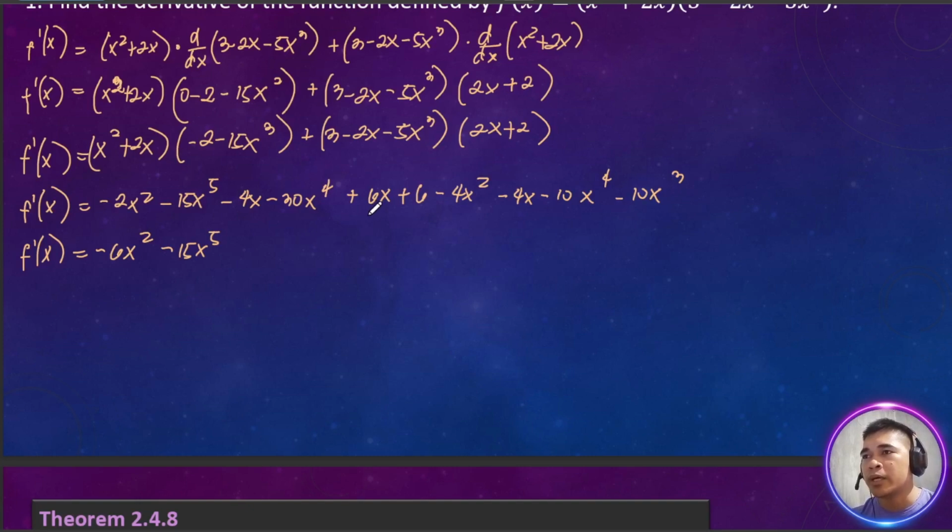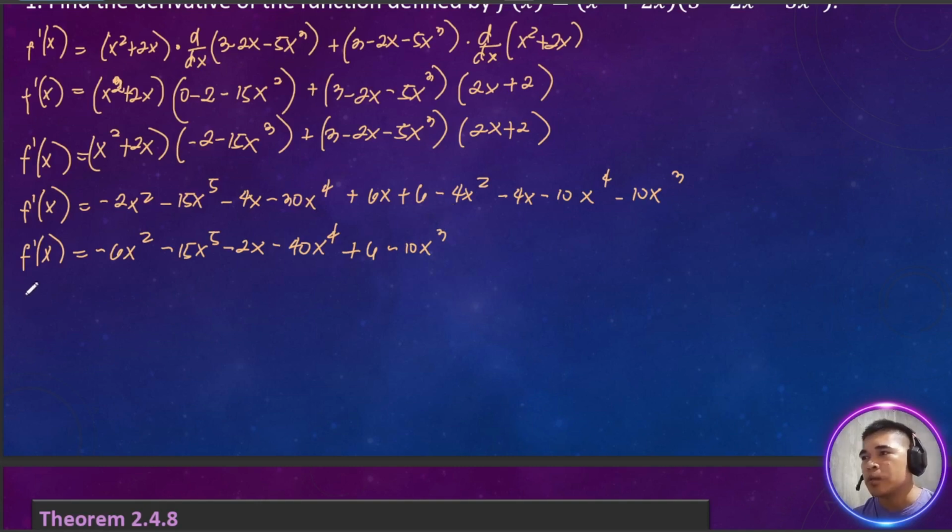So we got 2x. 2x minus 4x, we have negative 2x. To the power of 4, we get negative 30x to the power of 4 or negative 10x to the power of 4. So we have negative 40x to the power of 4. And then 6, 6, tapos na. So plus 6. And then we have negative 10x cubed.